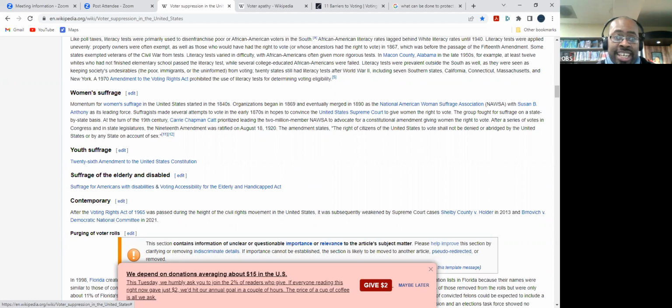In other words, it states the right of citizens of the United States to vote shall not be denied or abridged by the United States or by any state on account of sex or gender. The 26th Amendment in the United States Constitution gave young people aged 18 or older the right to vote, which was passed in 1971.